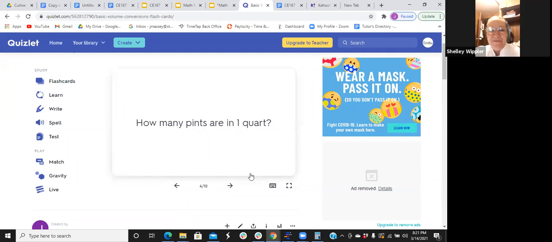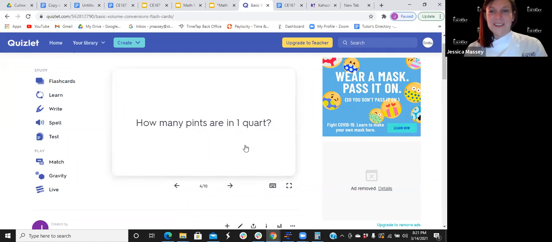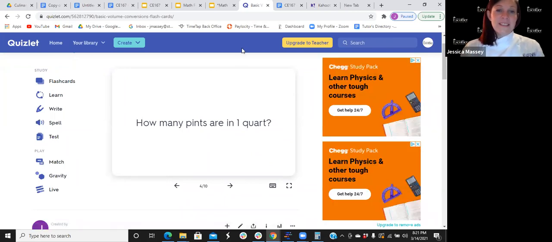Thanks. No problem. How many pints are in 1 quart? Google is your friend. So true. But some of this, like the answers we just went through, can give you the answer. There are 2 cups in 1 pint. You also know there are 4 cups in 1 quart.